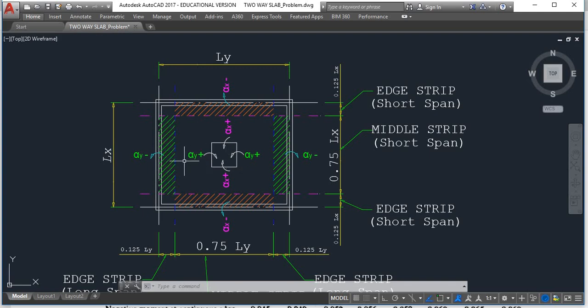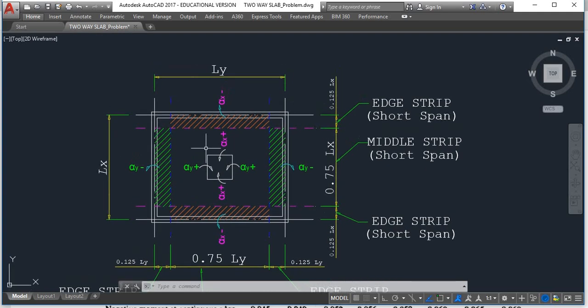In the analysis of a continuous beam, we all understand that when there is a sagging bending moment at midspan, there is a hogging bending moment at the continuous support, which follows like this. Therefore, the positive bending moment of the longer span will induce a negative bending moment at the shorter span, and similarly the positive bending moment of the short span will cause a negative bending moment for the longer span.